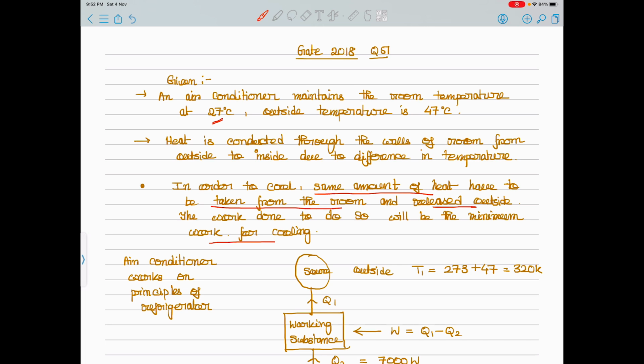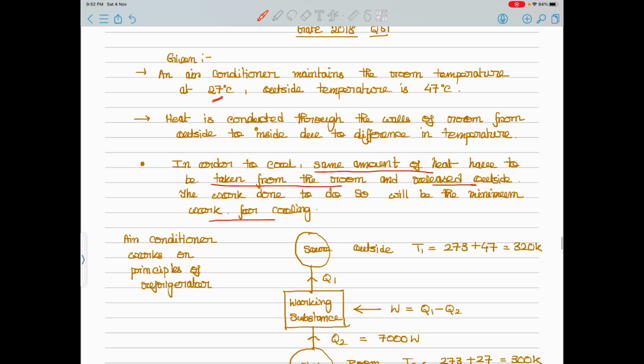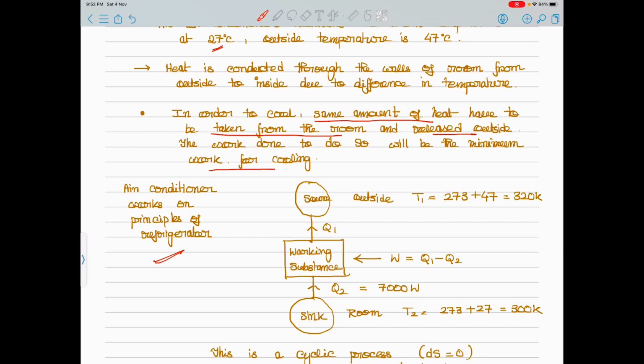This is the main logic or concept of the question. The air conditioner works on the principle of the refrigerator. This is very important, how a refrigerator or air conditioner works. In case of an air conditioner, it is exactly opposite to that of the Carnot engine or heat engine.